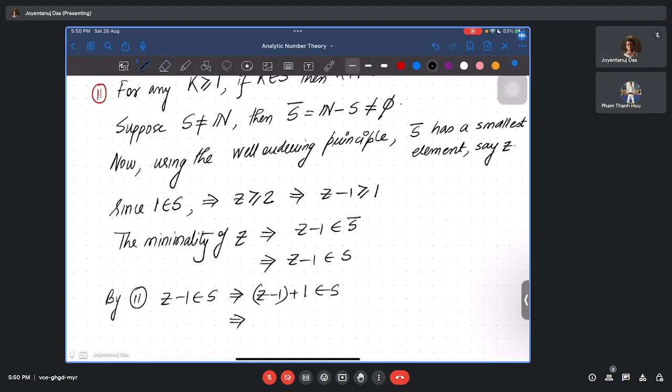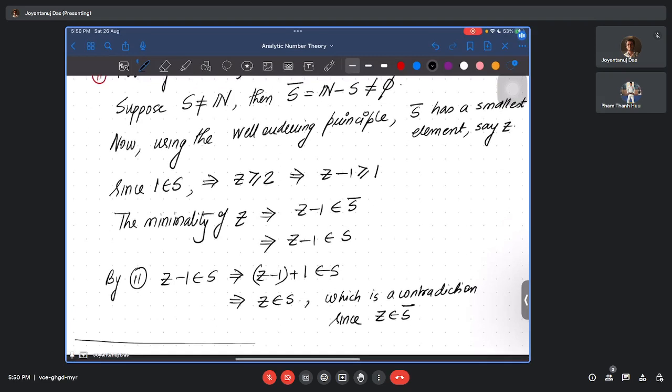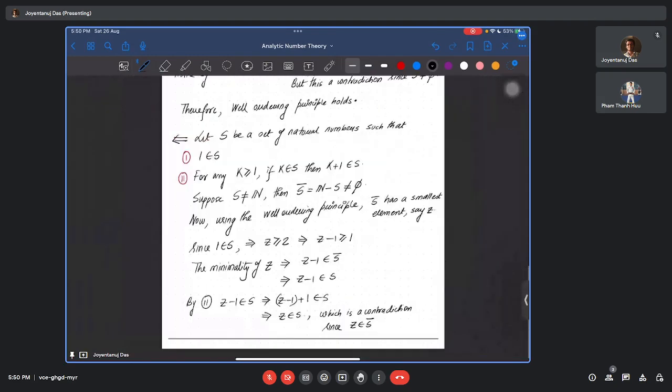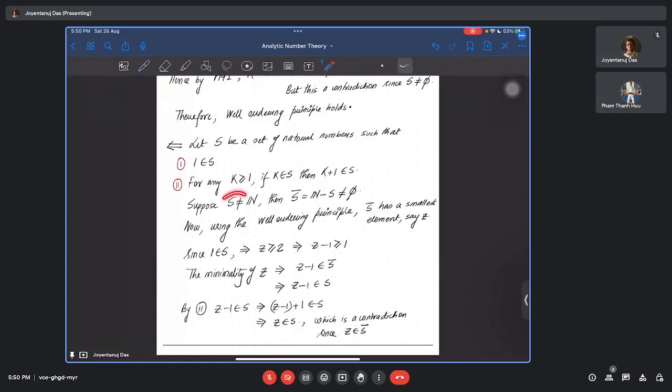But that is nothing but Z belongs to S. But this is a contradiction, because we have taken Z to belong to S complement. So we have assumed that S is not equal to n, and this is a contradiction. So S has to be n, and the induction result is true.